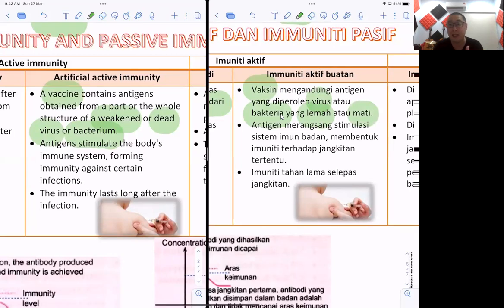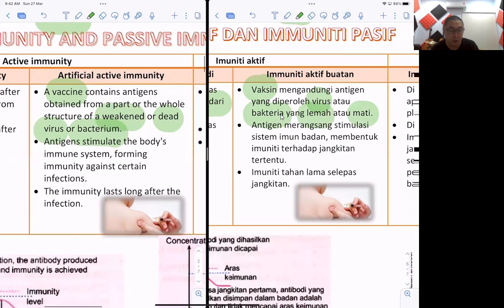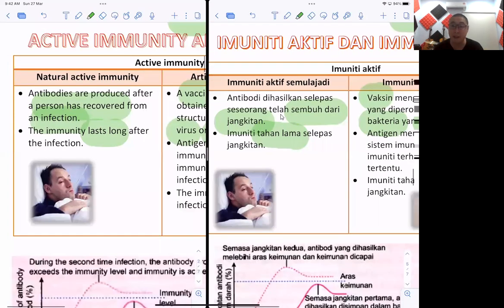So to put it in perspective, assume that I'm a very evil virus that's going to invade you. Now if you look back to natural active immunity, it means that me, the actual virus, going to attack your body. And believe me, this is an interesting fact about our body: our body has the ability to fight the virus.